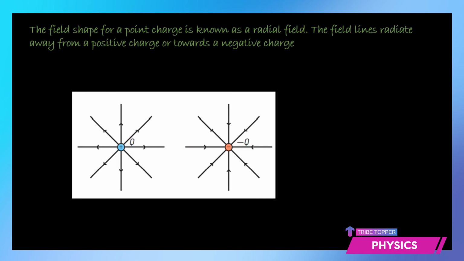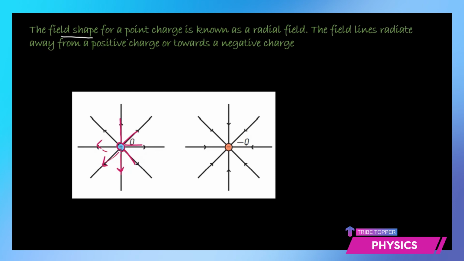And of course, it is important for you to understand what will be the field shape for a point charge. If you see, this is a point charge plus Q. The field lines are radial. They just go out, emanating out of this charge, and the arrows indicate they are going away from the source charge.